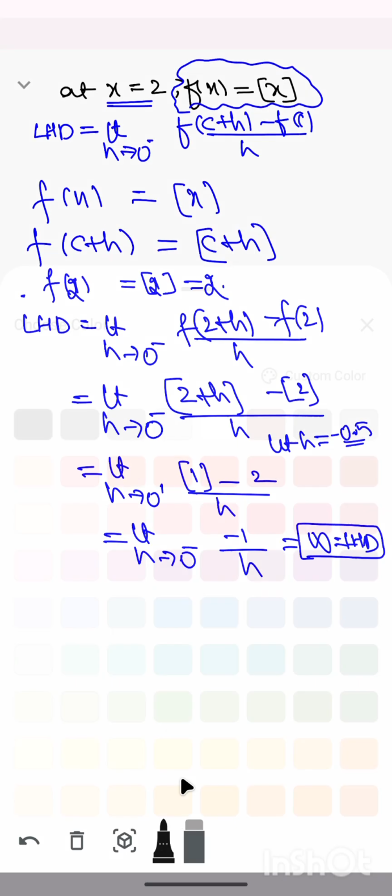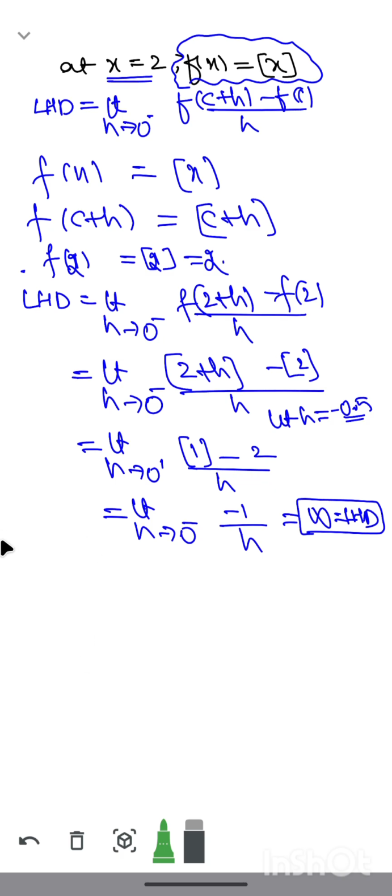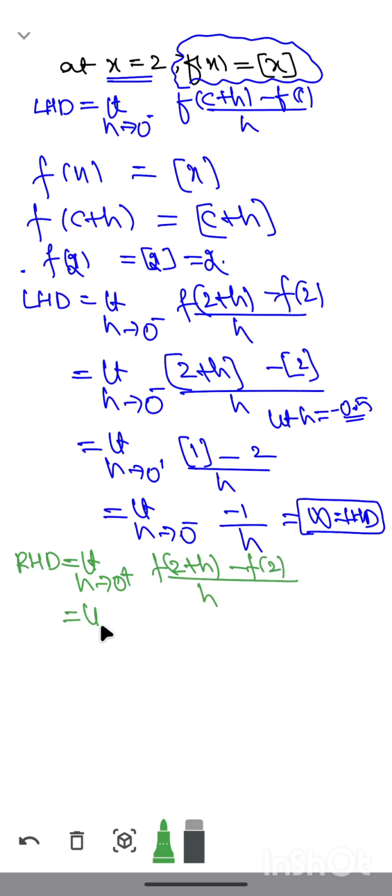Now let us find the right hand derivative. Right hand derivative is equal to limit h tends to 0 plus of f of c plus h, which is 2 plus h, minus f of c, that is f of 2, whole divided by h. We get limit h tends to 0 plus of the greatest integer value of 2 plus h minus the greatest integer value of 2, whole divided by h.